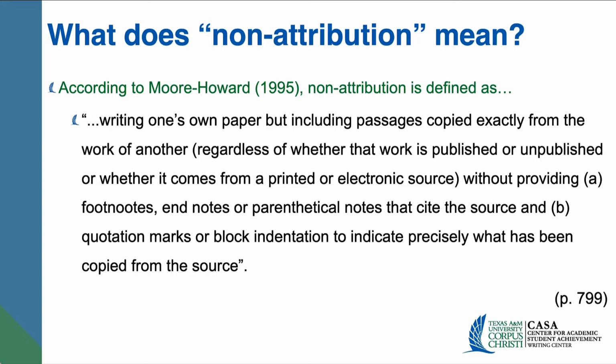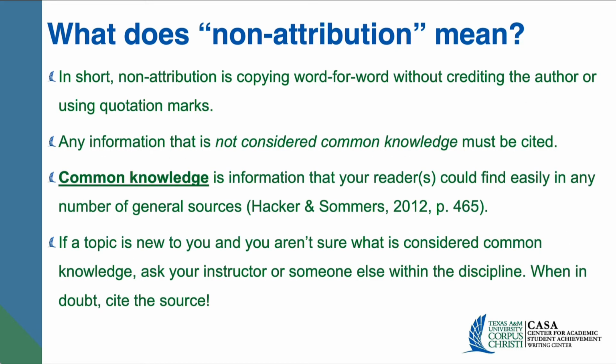So recall back to Module 1, when I mentioned that every time you use somebody else's work, you need to cite the source. That means you are attributing it to that author. Now, without including those citations, you are not attributing to that author, or you are engaging in non-attribution.